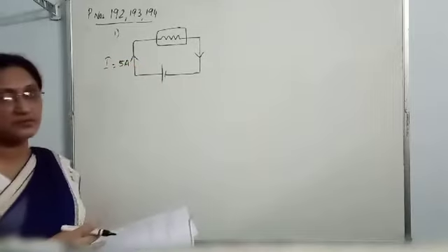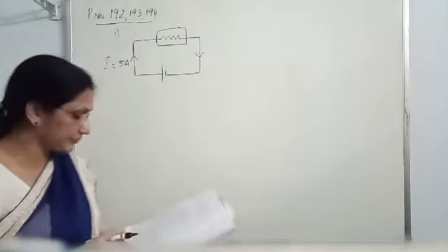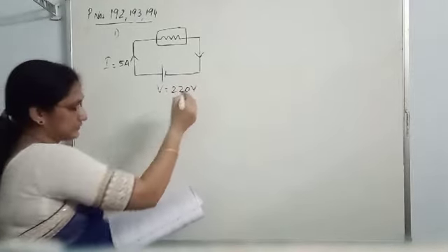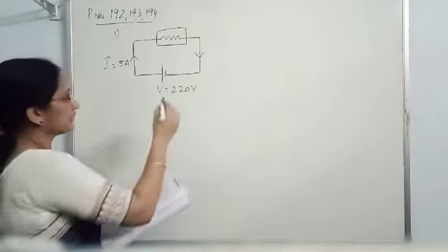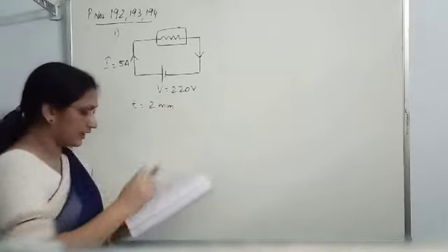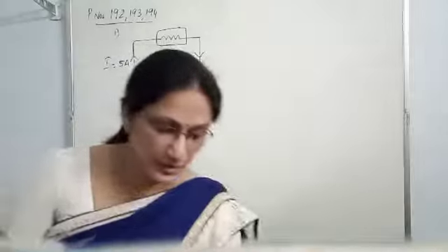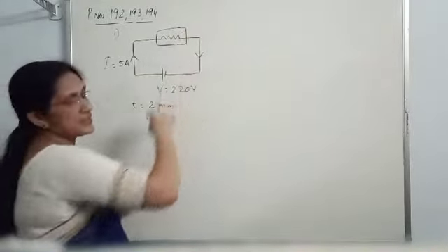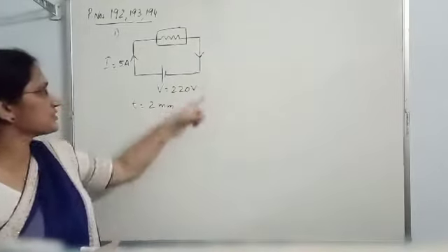I value is 5 ampere, the voltage is 220 volt, and the working time is 2 minutes. How much heat will be released from this device in such a situation?